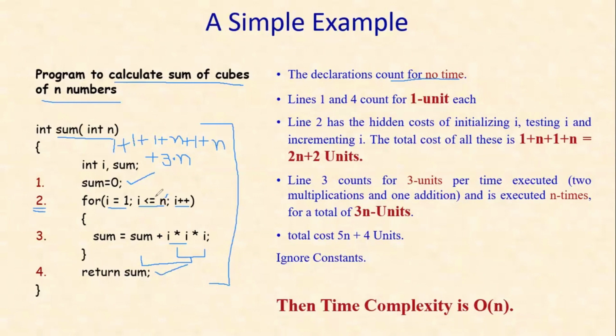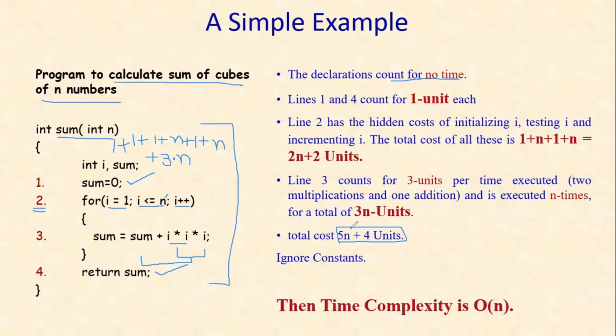So what is the total time taken by this algorithm? 1 plus 1, 2, 3, 4, and 5n. 5n plus 4. So here you can observe this: the total cost is 5n plus 4 units. This 5n plus 4 units is the time taken for execution of this particular algorithm.